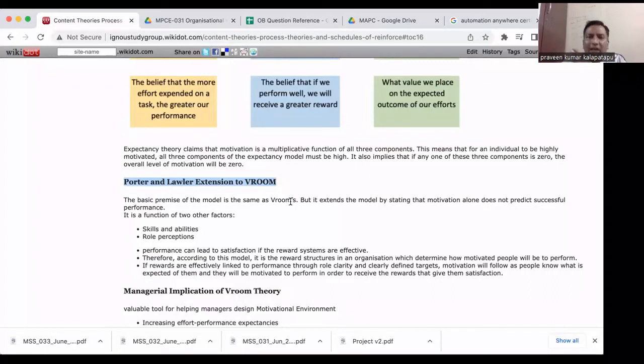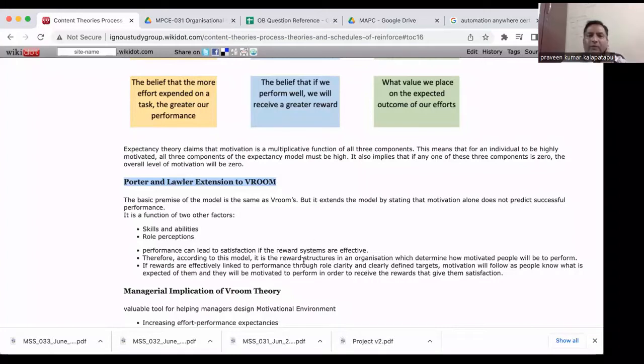I need to be clear on my role. Then only performance will come into the picture. Remember the general model for motivation: motivation doesn't really result in performance by itself, performance has other factors. So Porter and Lawler extended Vroom's theory to bring in skills, abilities, and role perceptions, which play a part in performing well. Then only it will result in reward.